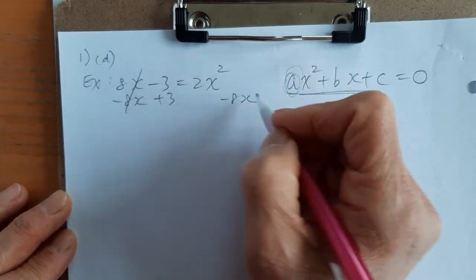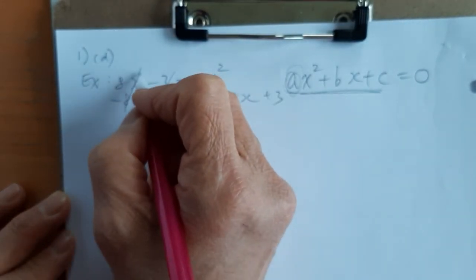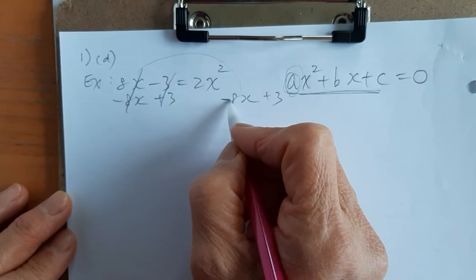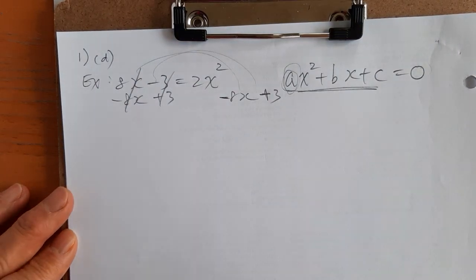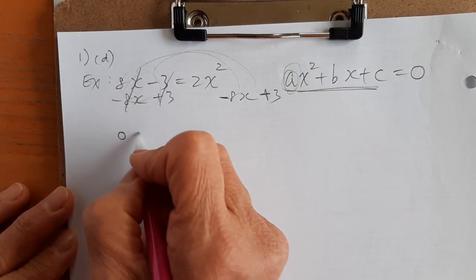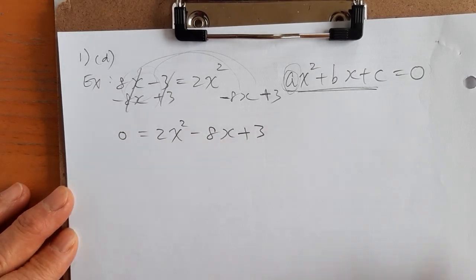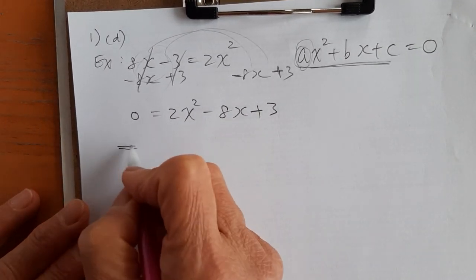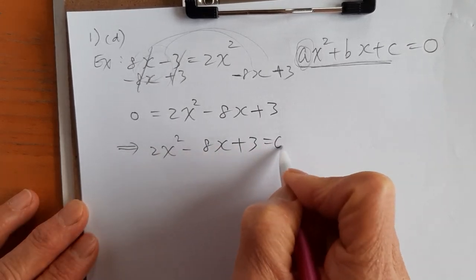Cancel. Add 3, add 3. Move over, change the sign, got negative. Negative 3, move over, change the sign, become plus. So the left side is 0 equals 2x squared minus ax plus 3. And then rewrite it as 2x squared minus ax plus 3 equals 0.